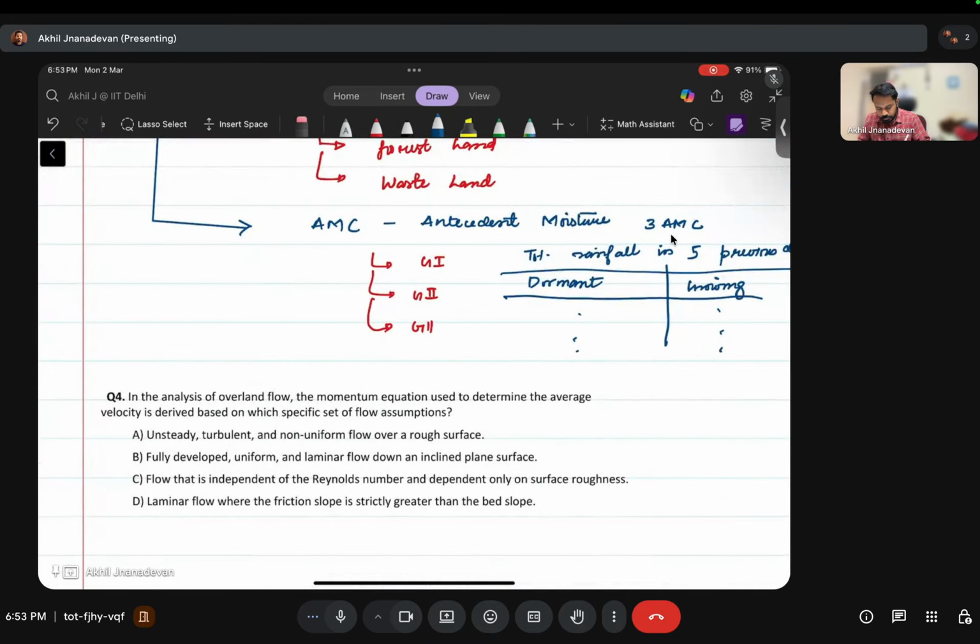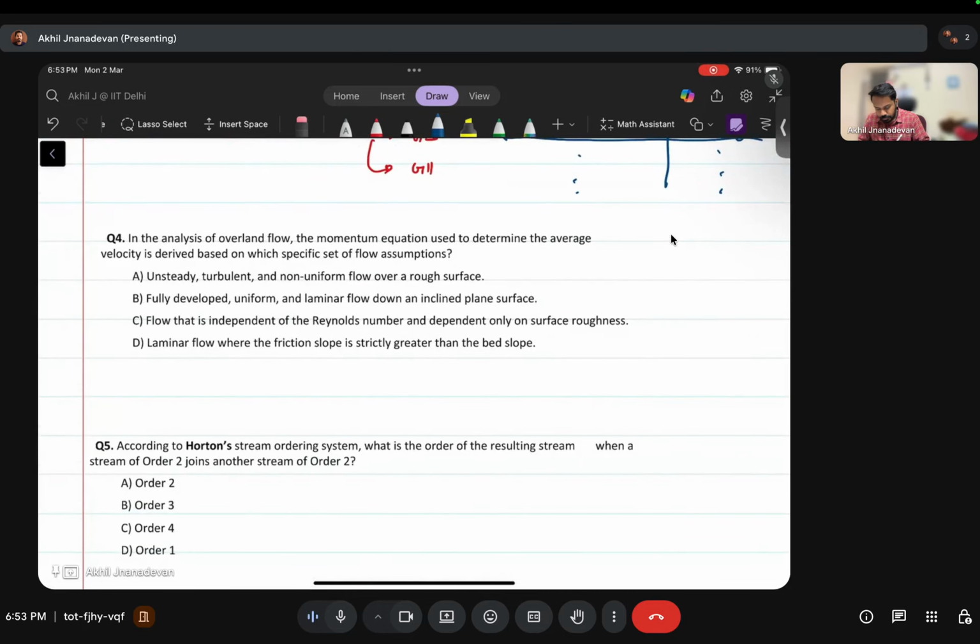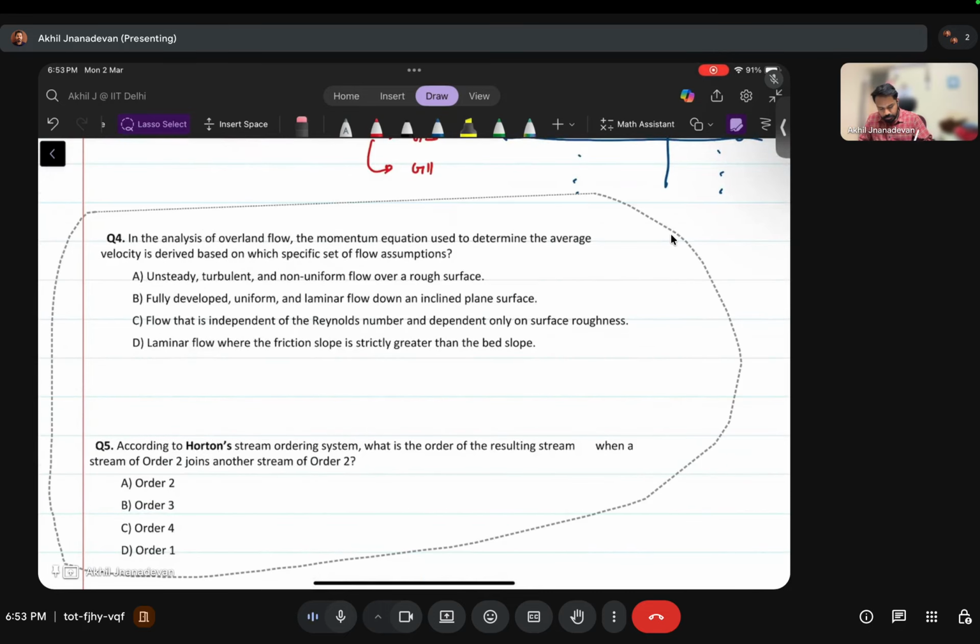So basically, there is one more thing we want to see about the curve number.